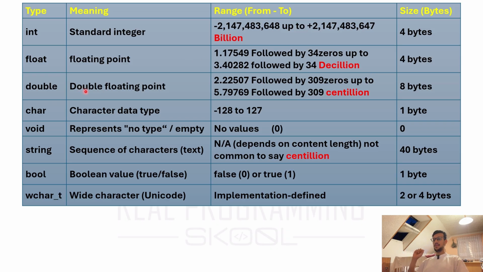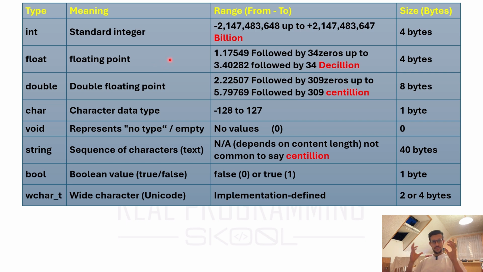And we have double. From its name, it's double the float, and it starts from 2 centillion point some fractions, followed by 309 zeros. Can you imagine how big that is? As I said before, we usually use double for precisely defined numbers, for example accounting and bank numbers. So even the float data type is big.